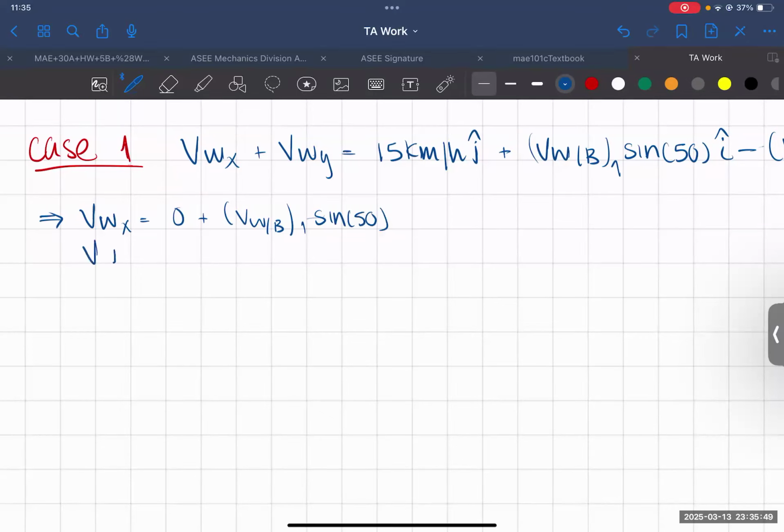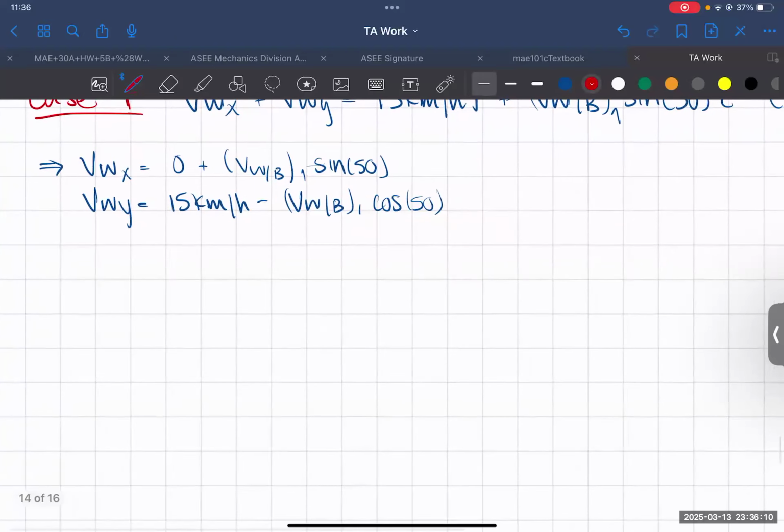We get velocity Y equals 15 kilometers per hour minus velocity of wind, boat, 1 cosine 50.